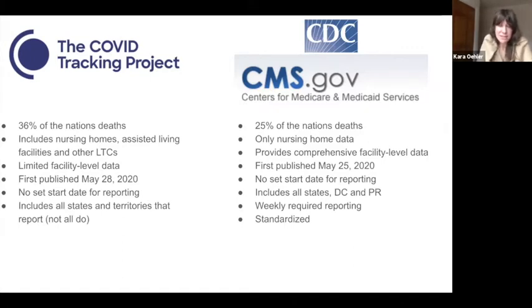And we continue to see these numbers drop and hope we will. But I think it's just important to think about using both of them to try and see the full impact of this pandemic on long-term care. Thanks. I'll turn it over to Artis.